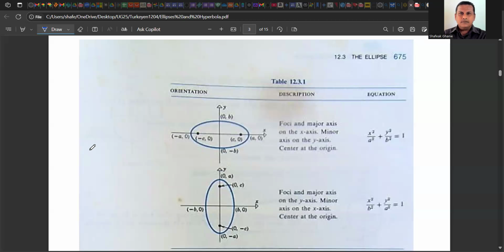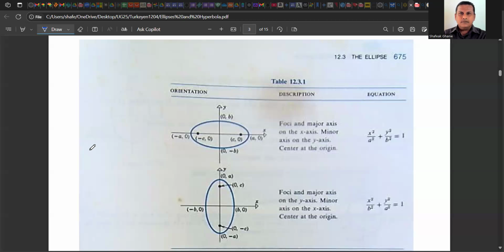You're supposed to figure that out by now. You didn't have to memorize two sets of equations. You would know, based on the magnitude of A and B, whether this thing is oriented on the y-axis or the x-axis, based on which one is bigger than which. I'll leave that for you to revise and figure out.